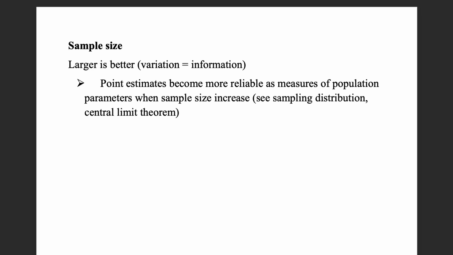So the larger our sample size is, the less spread out all potential hypothetical sample estimates are going to be around our true population parameter, which also means that for each individual sample, the probability of that specific sample estimate being close to the population parameter increases, because they are not so spread out. So there's not so much noise going on in our estimates. So the larger our sample size is, the more reliable our coefficients are going to become.